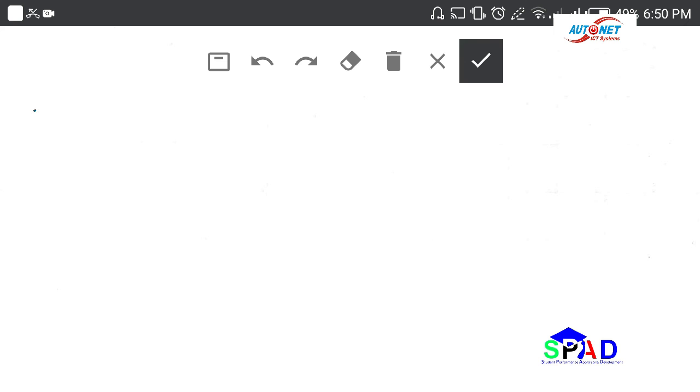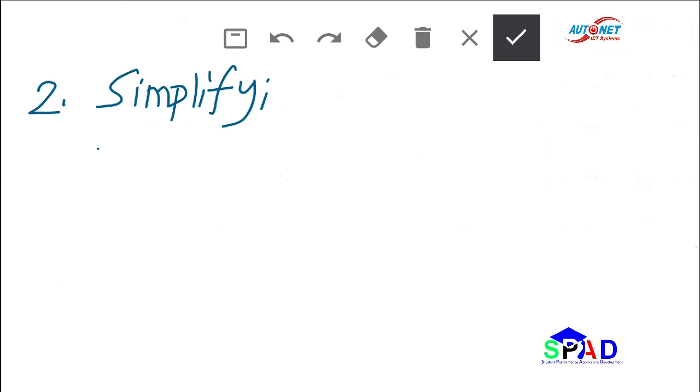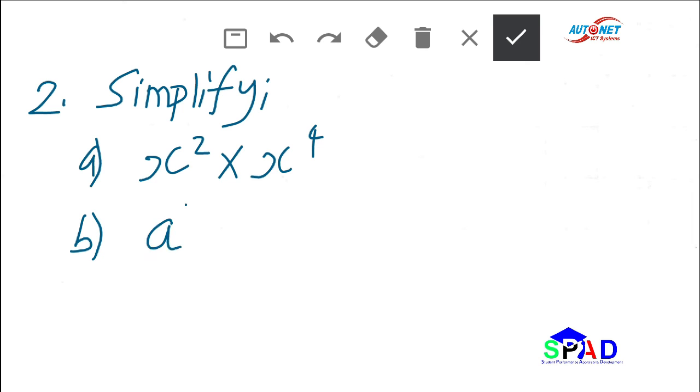And the next one, question 2, you're supposed to simplify the following. A, x squared times x to the power 4. B, a squared times b squared times a to the power 4.